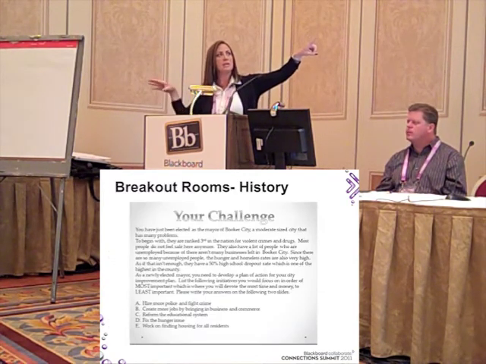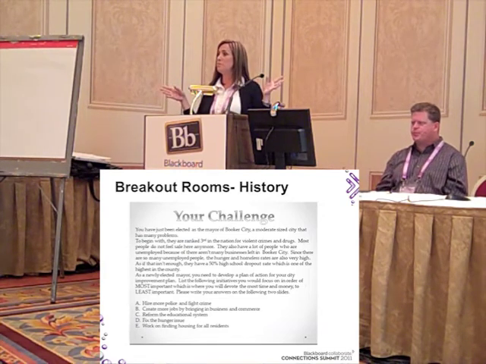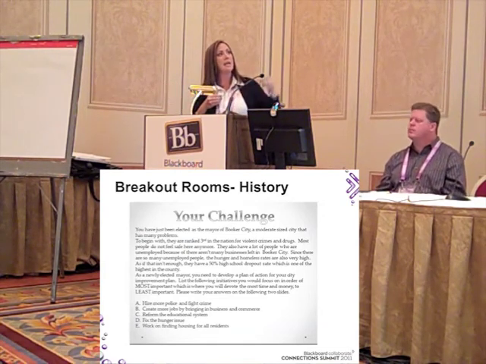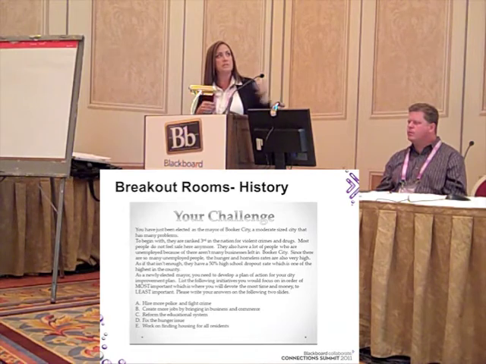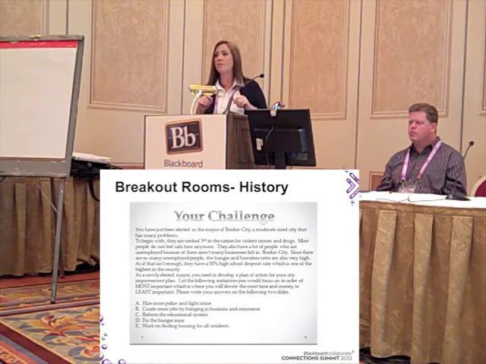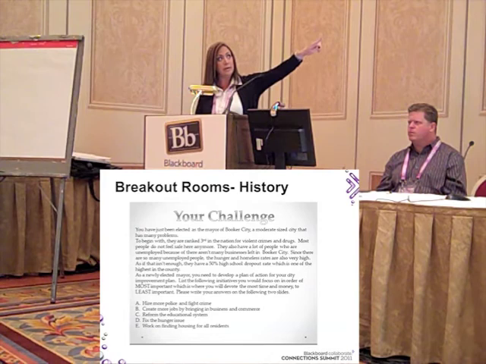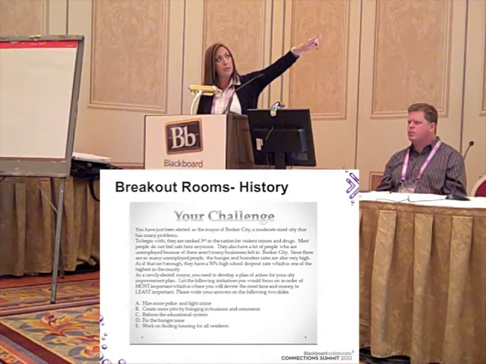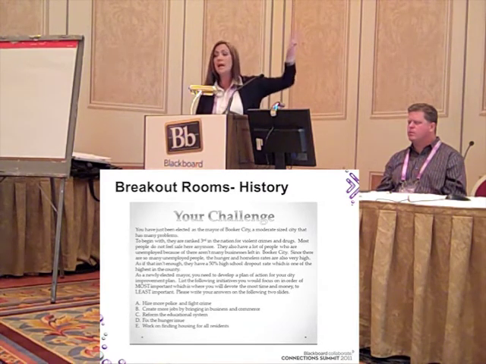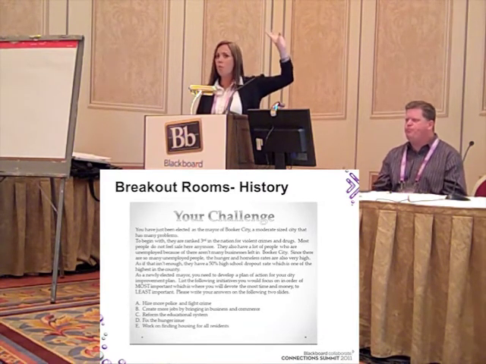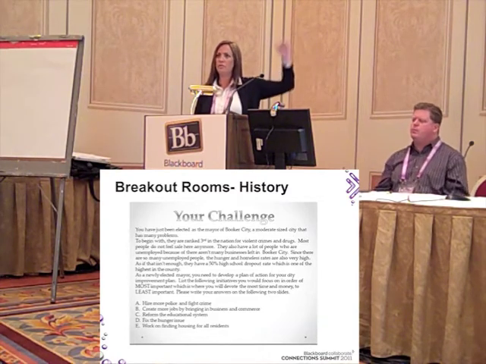So they went into the breakout rooms and they were supposed to be mayor of the city, and they had to focus on the 5 initiatives: hire more police officers, create more jobs, reform the educational system, fix hunger, or work on finding housing. They went into their breakout rooms and listed their initiatives. So this student did fix hunger, reform the educational system, and then fix housing. And they had to explain why they chose that order.